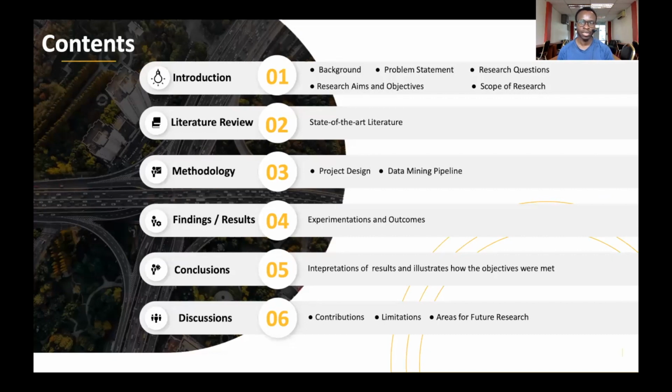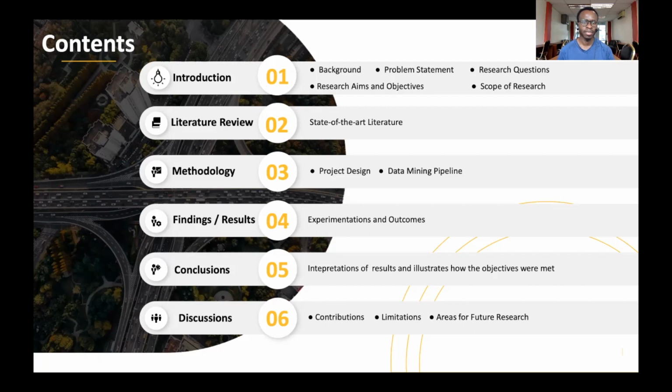Research questions, these are questions related to the problem statement that are being looked at in a way that I would need to find literature and see how these questions can be solved using scientific means. Aims and objectives looks at what are the goals that this project was aimed at solving, and understanding the actual science behind them. Scope of the research are basically a set of limitations or boundaries that govern this project.